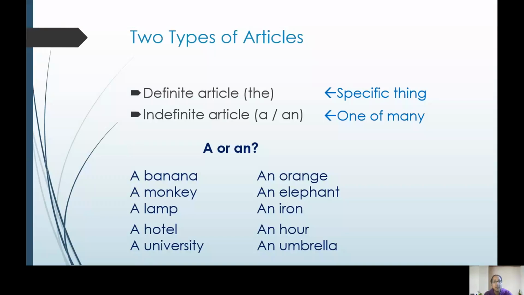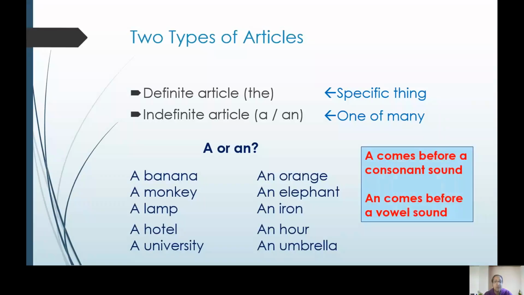Hour and umbrella are vowel sounds. So we use "a" before a consonant sound, not a consonant letter necessarily. And "an" comes before a vowel sound, not necessarily a vowel letter.